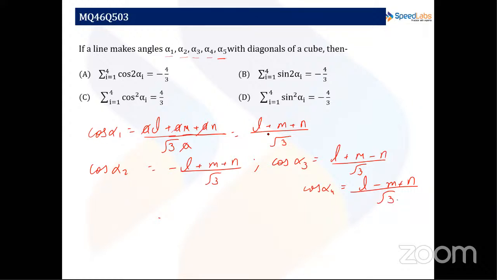Now, squaring all these values and adding, so cos square alpha 1 will come out to be L square plus m square plus n square plus 2lm plus 2mn plus 2nl, and it will be 1 by 3.